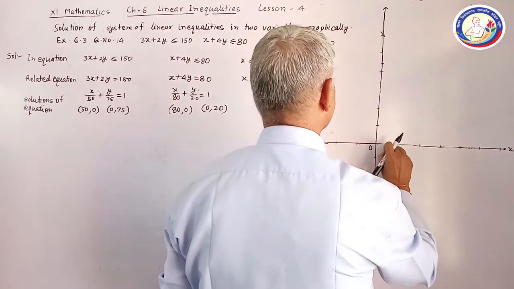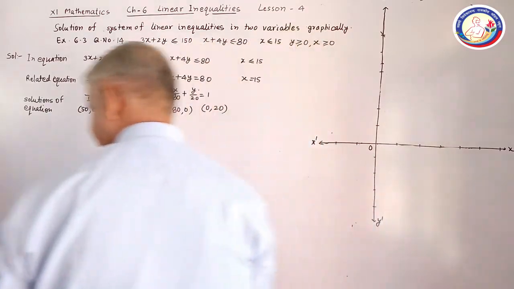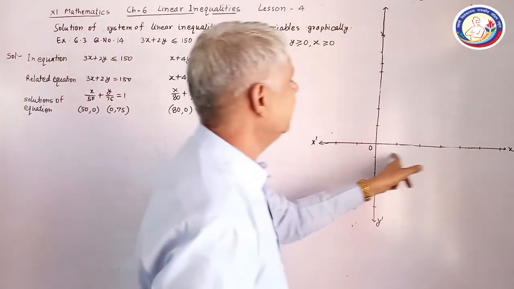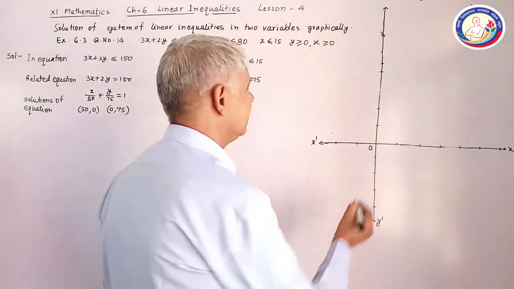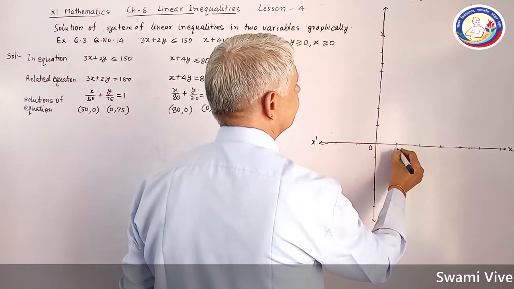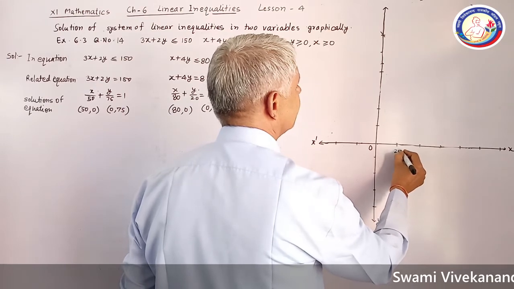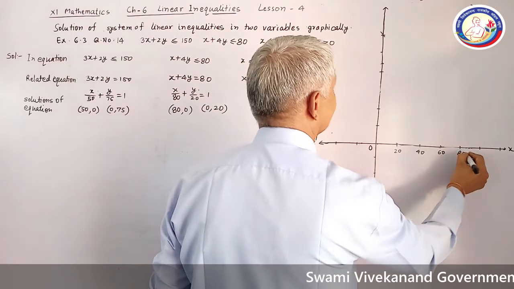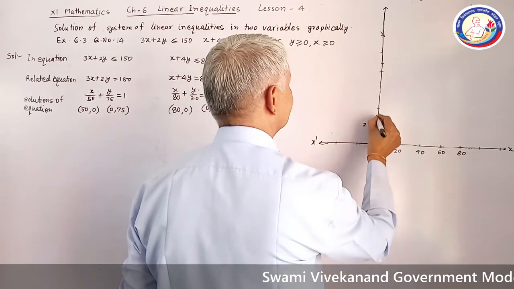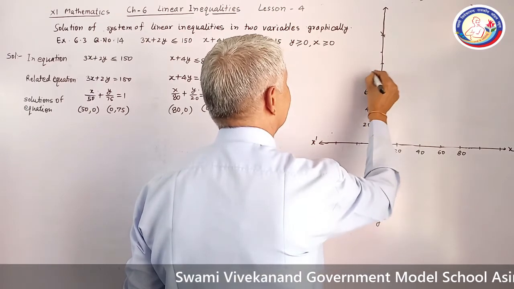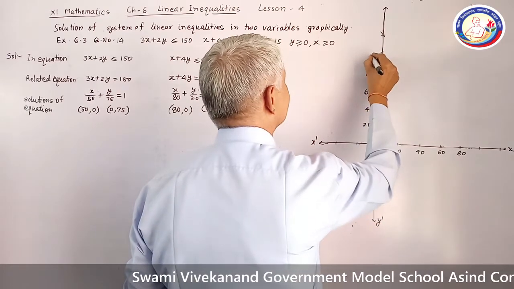Here I need 16. So I am readjusting the scale. Say this is 20, 40, 60 and 80. This is here 20, 40, 60 and 80. And this is 100.